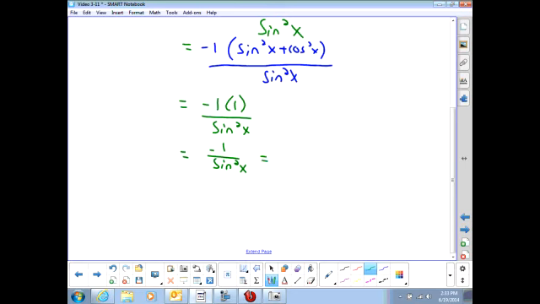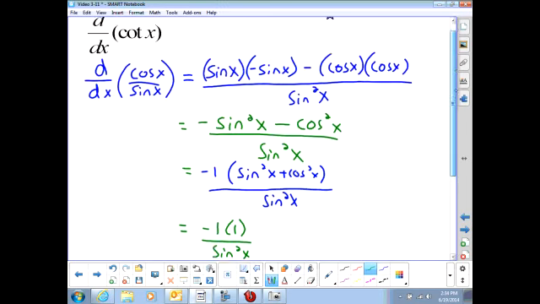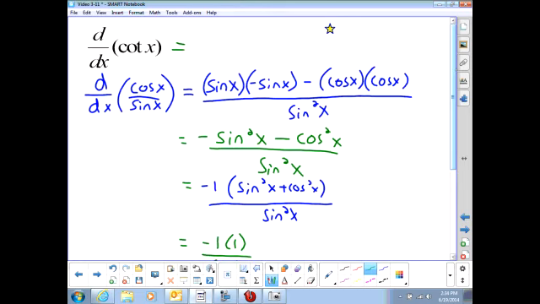Well, a 1 over a sine squared x is just a cosecant squared x, so we'll have negative cosecant squared x. So if you want to write down your rule, and we'll have these all on one page in a second, derivative of cotangent is negative cosecant squared x.